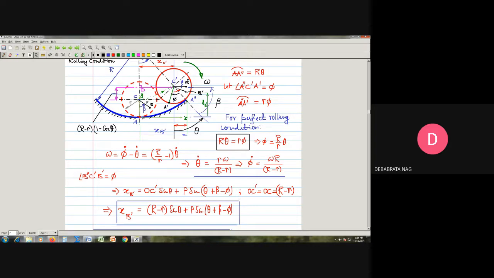For example, if we try to calculate the velocity of the point A at the initial position, what will be the velocity at the point A in the initial position? So before coming to the initial position, let us actually try to calculate the velocity of the point A double dash in the general configuration. In order to capture the A double dash point, we need to do two transformations.